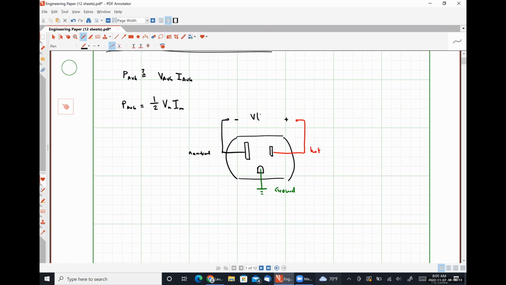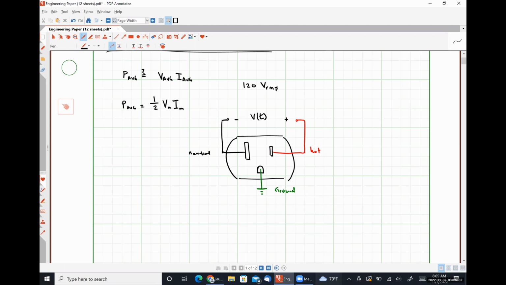So I'm going to call this V of t, and the effective value of V of t is 120 volts, what I'm going to call RMS, where RMS stands for root mean squared, and we're going to talk about what that means in just a moment.